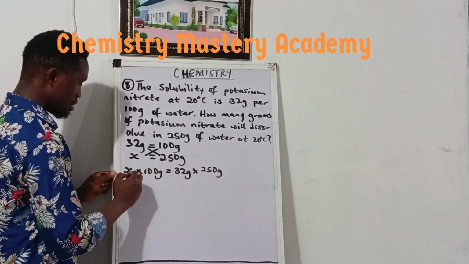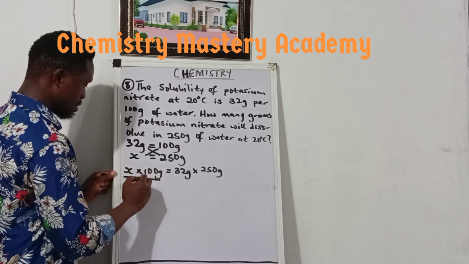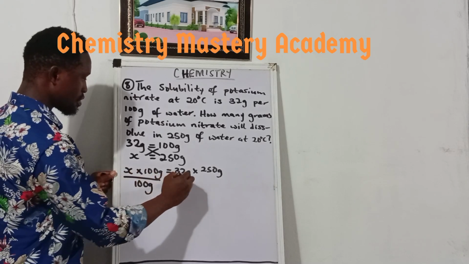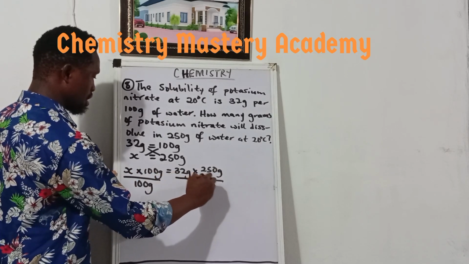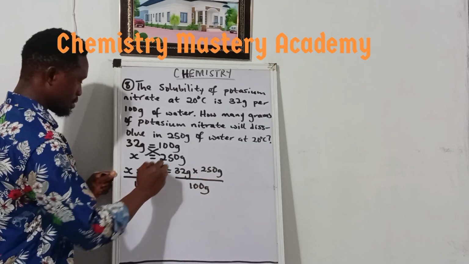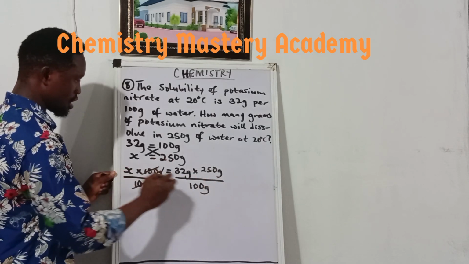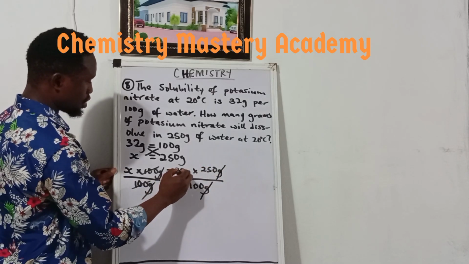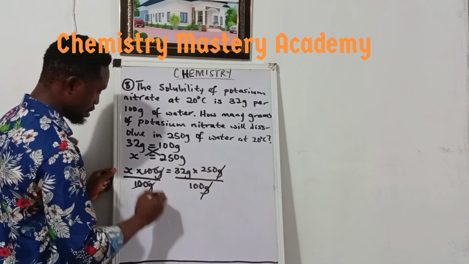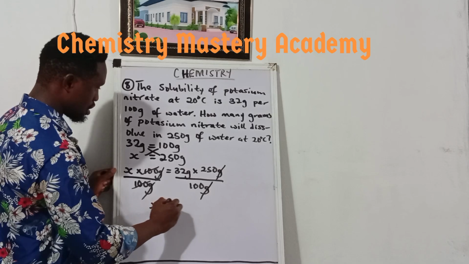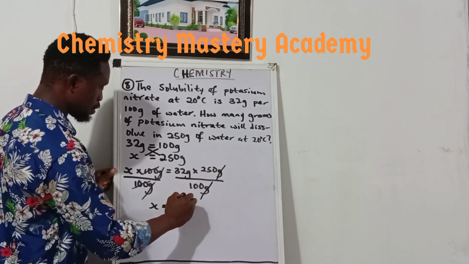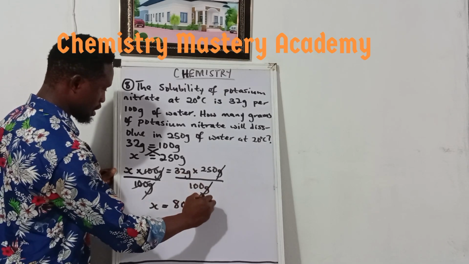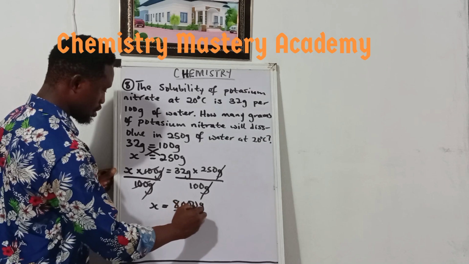We have x over 100 grams. Grams cancel grams, 100 cancels 100, then grams cancel grams, and then 32 times 250. So x is equal to 32 times 250, which gives us 8,000 grams over 100.